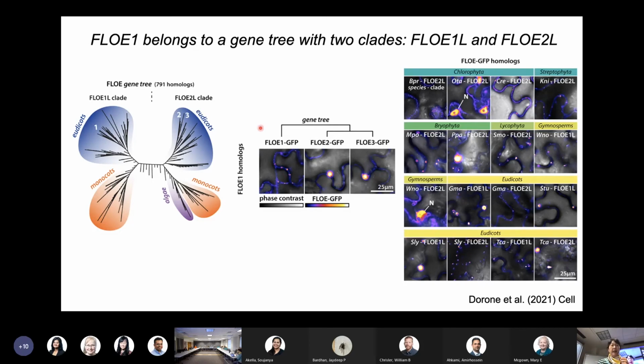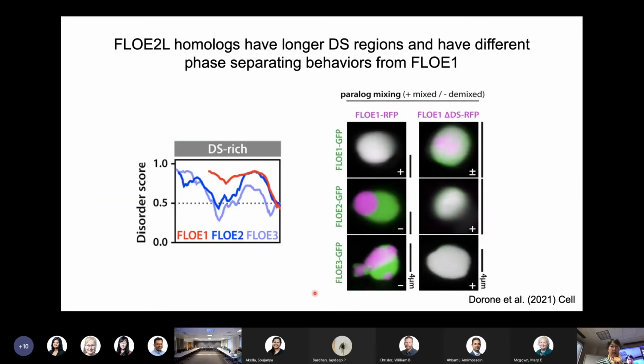And the flow-2 homologs are the ones that are more ancient and found in chlorophytes. What's also interesting is that flow-2 and 3, the ones that look like the DS-less allele of flow-1, can really interact with each other very nicely. They merge, like you can see here down here.